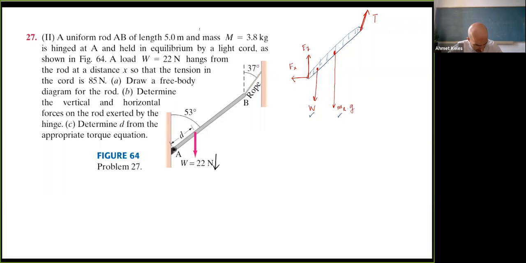T is also given, I didn't see. Okay, this is also 85. That's nice. All right. How do I start? What's the most economical way for me to get all these things?